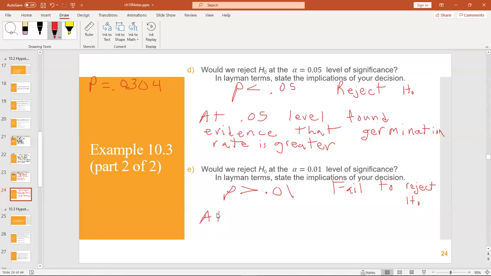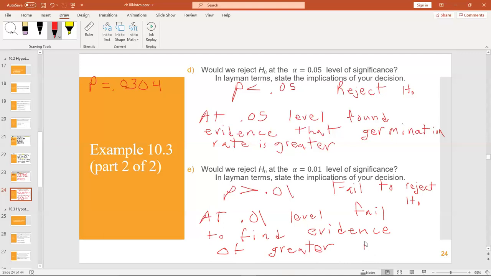So at the 0.01 level, you fail to find evidence of a greater rate. Because that's what we were trying to prove in the first place, that the germination rate was improved, or that it was higher for this new strain of wheat.